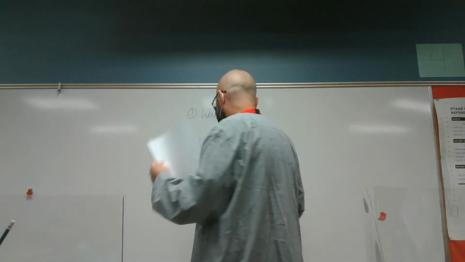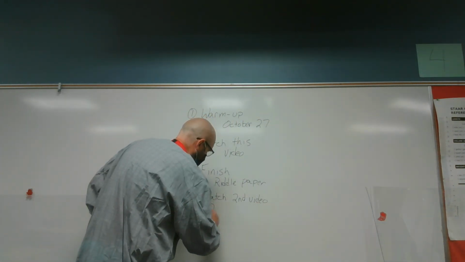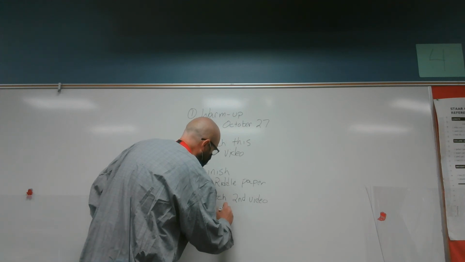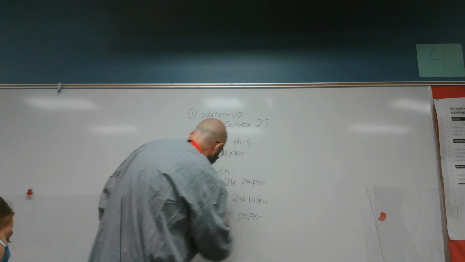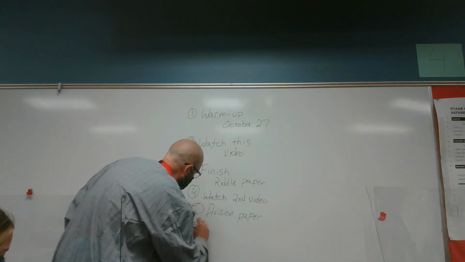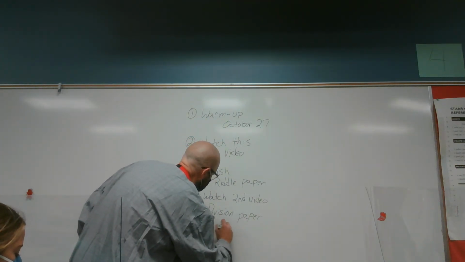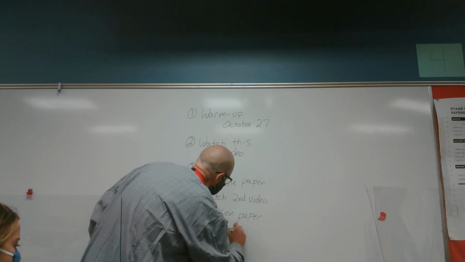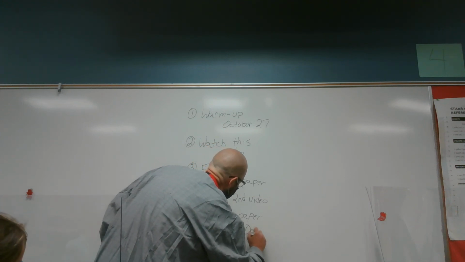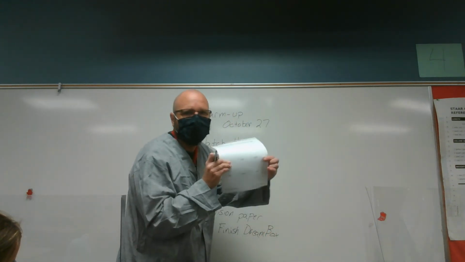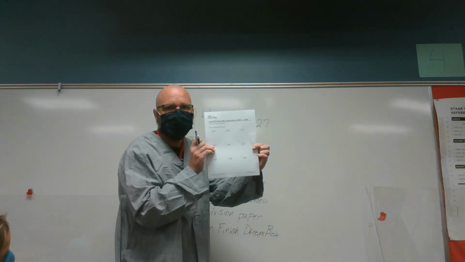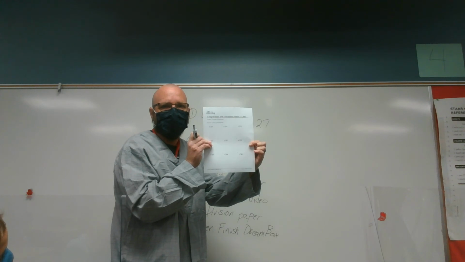So you're going to do this division paper, and 6. Then finish your dream box. If you don't finish this today, we're good. We still have time. So don't freak out.